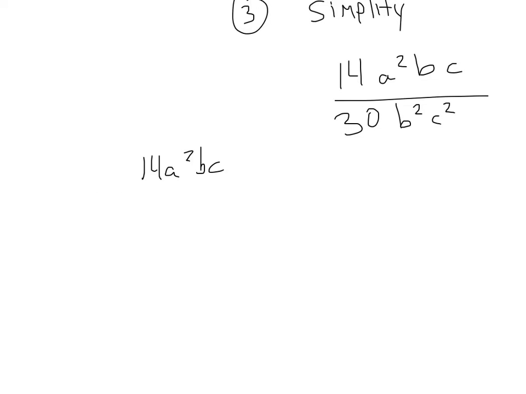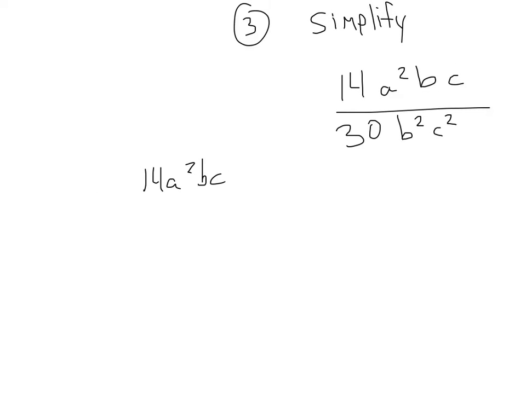Remember, to factor that, I'm going to do a factor tree of the 14 first. So the 14 is going to become 2 times 7. Both are prime. Done with that. Now I'm going to write the variables as repeated multiplication. So what does that mean?